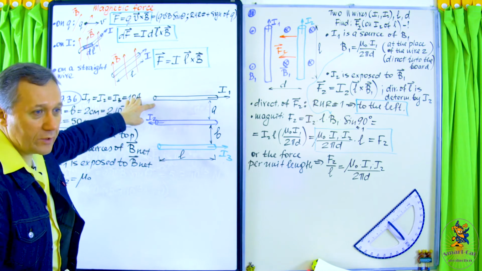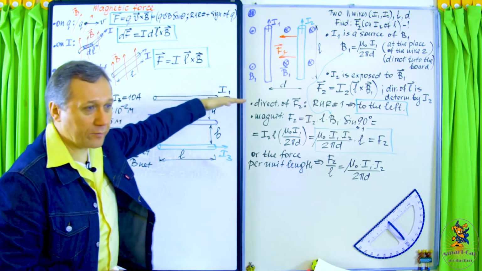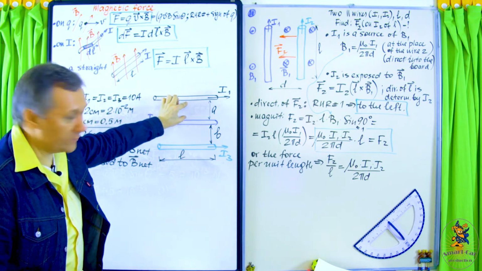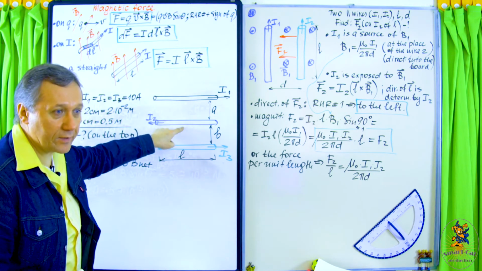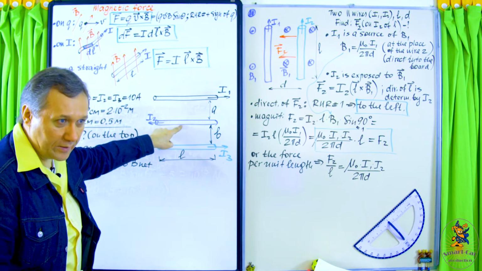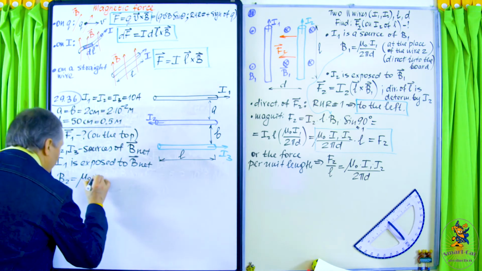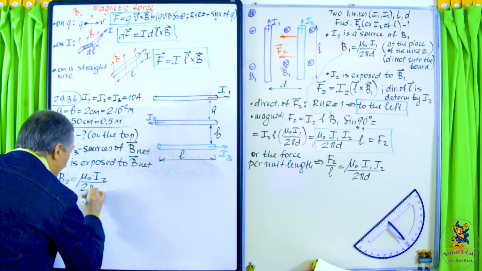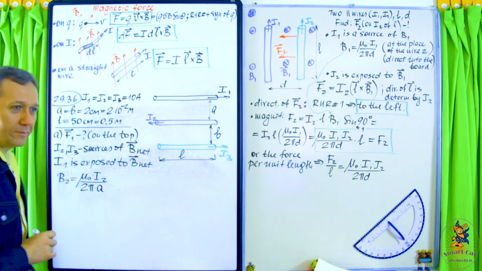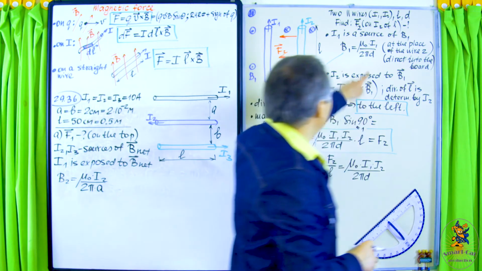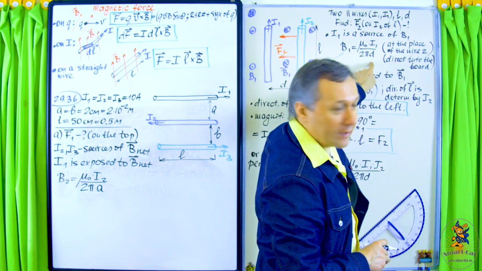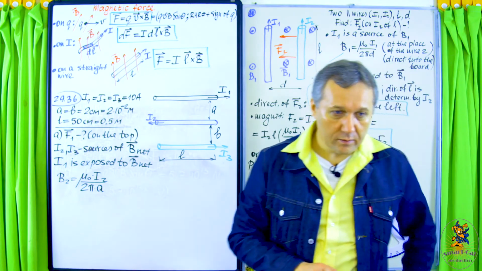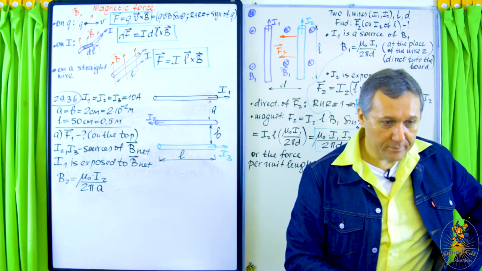In our case, we need to know the magnetic field at the place of wire I1, so we have to use distance A to write the magnetic field created by wire number 2. So it will be mu naught times I2 divided by 2 pi A, because again, we need to know the value of the magnetic field at the place where the first wire is.